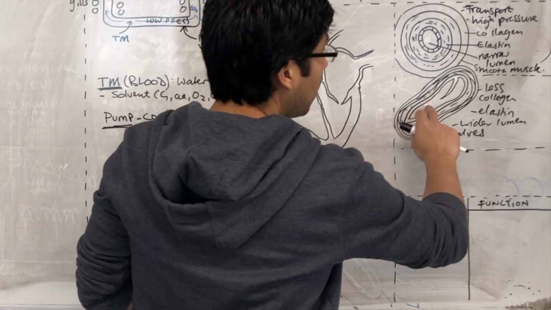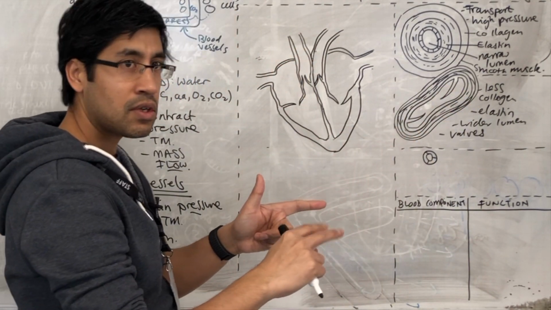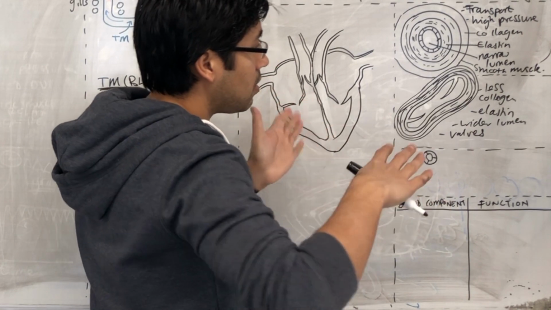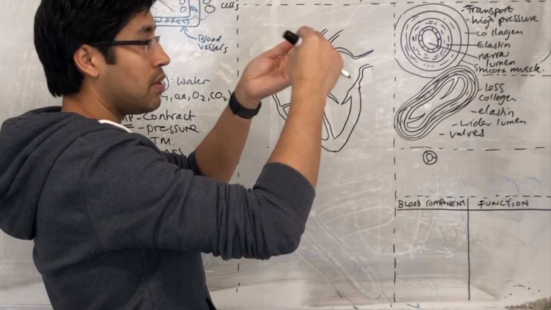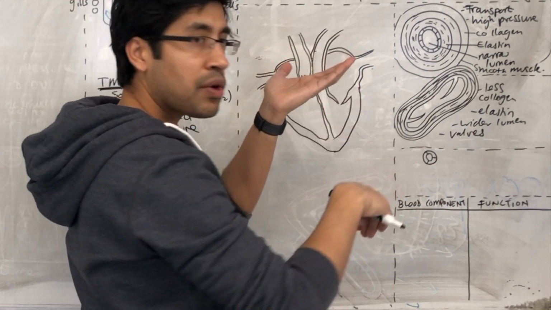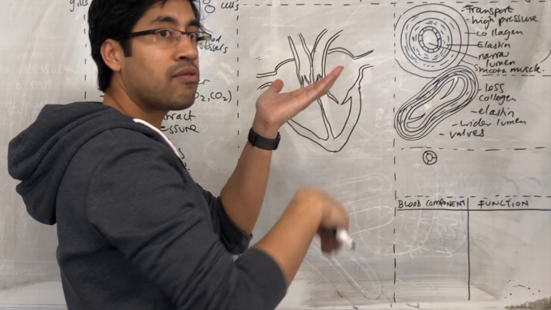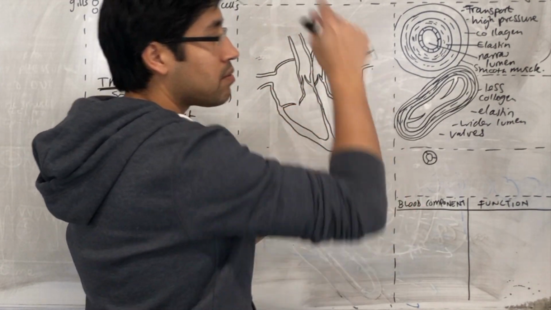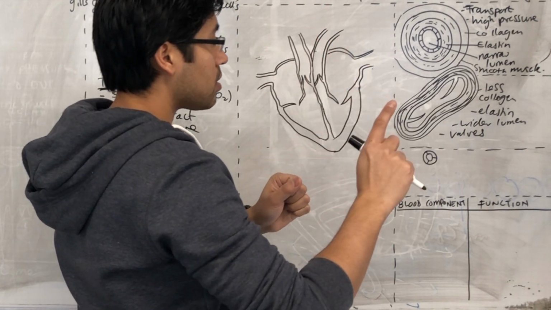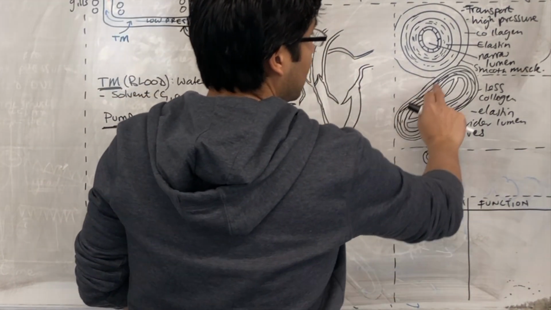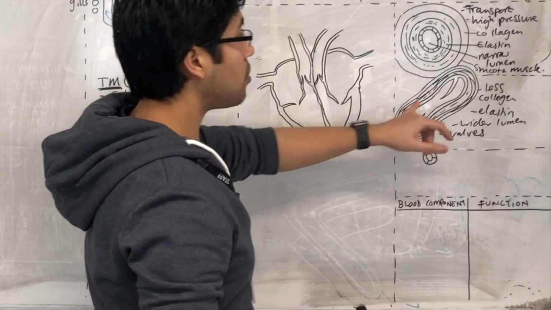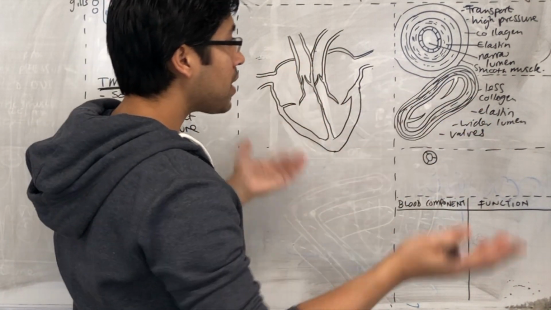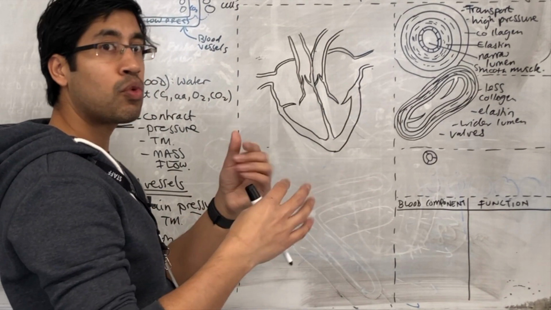And so the vein has got valves to ensure that if the vein does get squashed, the blood doesn't go in the wrong direction or backflow. The valves ensure that the blood gets forced in the right direction. The other thing is that its walls are much thinner because it's got less collagen, less elastin, and a wider lumen, so collectively it's more squishy.